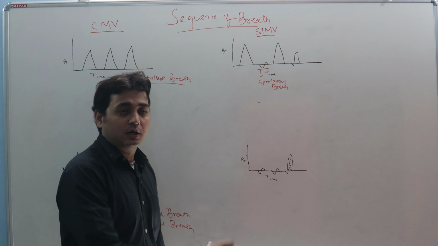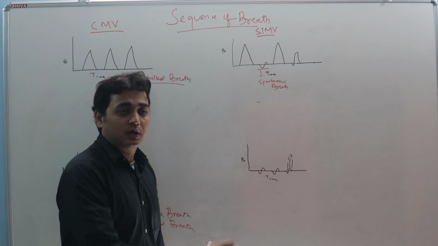And this is a controlled breath. This is spontaneous breath and this is an augmented spontaneous breath. That means this spontaneous breath is low in tidal volume, so you want to augment it, so you pressure augment it to give it adequate tidal volume or whatever tidal volume you desire. So there are 3 kinds of breath here. One is controlled breath, one is spontaneous breath, another is augmented spontaneous breath.